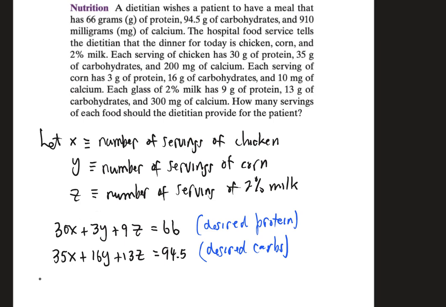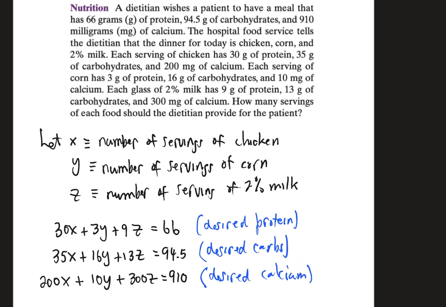Again, that's a little more than I would have thought, but 200x plus, and then the corn has 10 milligrams of calcium, so 10y there. And then finally, this is going to be a big number: milk has 300 milligrams of calcium, so it's 300 times z, and the desired amount of calcium is 910 milligrams, right? So that third and final equation will give us the desired calcium.